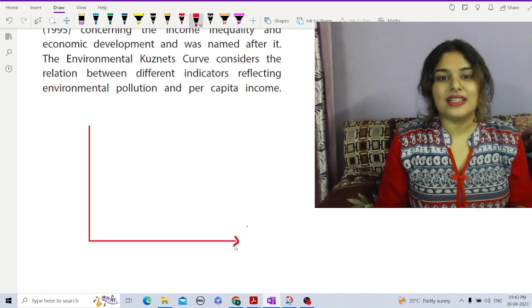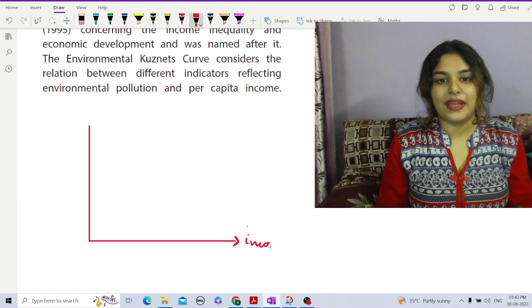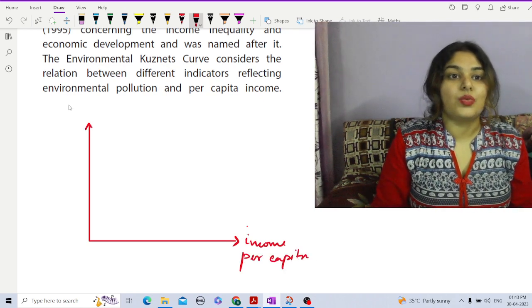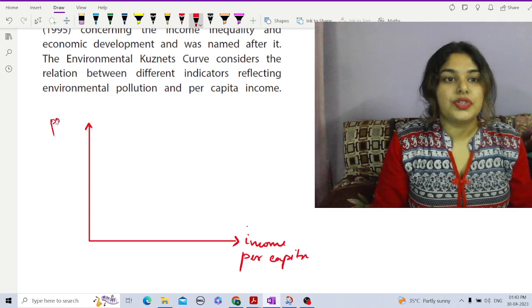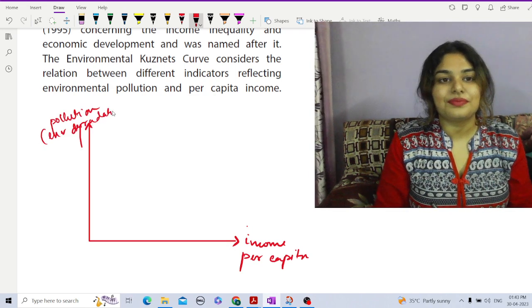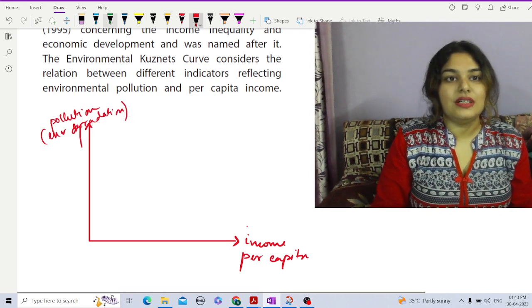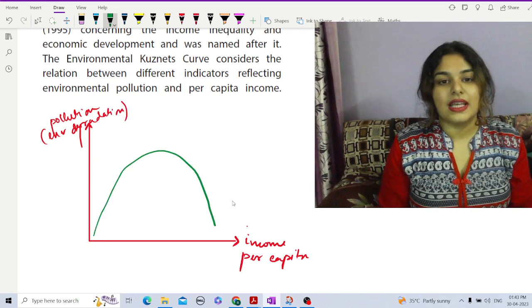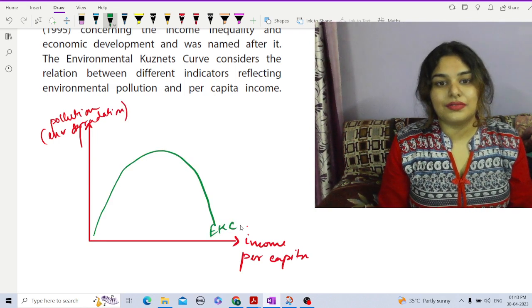On the horizontal axis, we are measuring income per capita, right? And on the vertical axis, we are measuring pollution, environmental degradation, right? Now the curve looks like this, and this is our EKC curve, right?